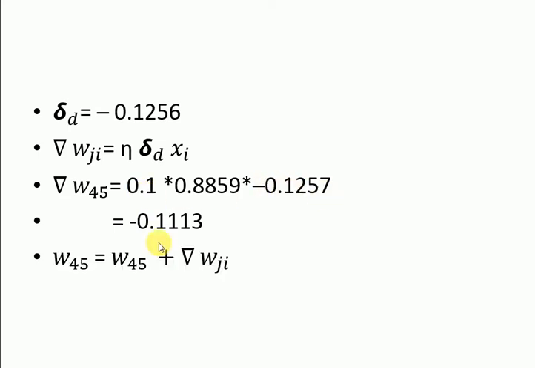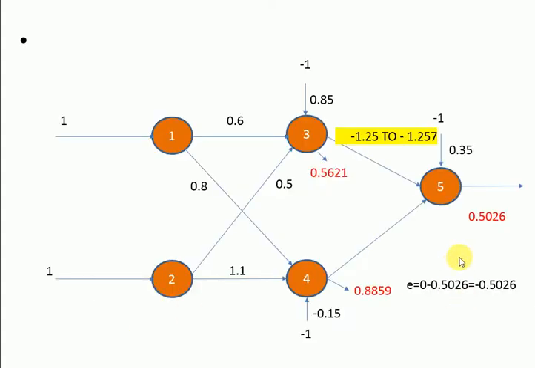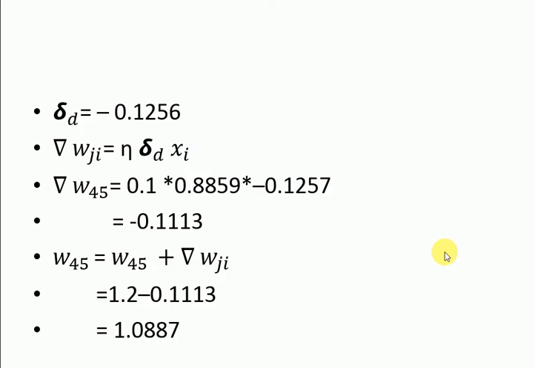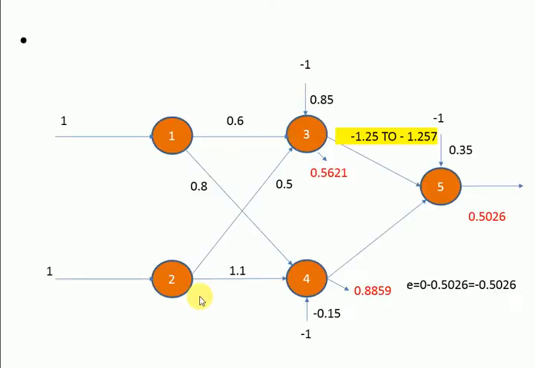So the weight W of 4.5 plus the derivative is 1.0887. That is, 1.2 is changed to 1.0887. So it is correct, 1.2 to 1.087.